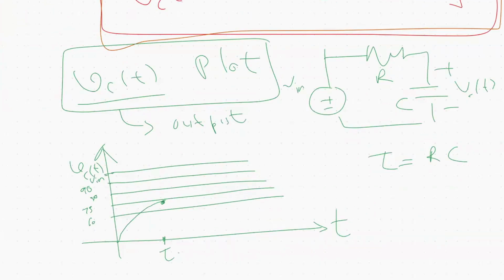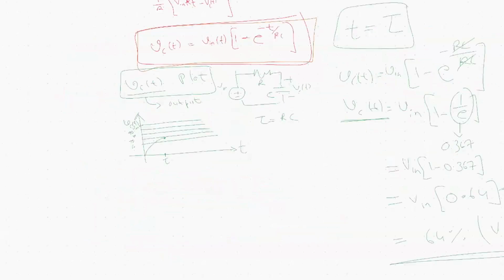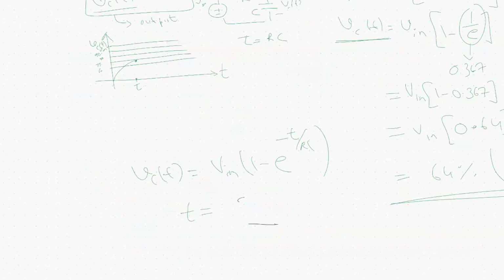And now let's look at VC of t. Vn of t, 1 minus e to the power... So let's go with the t value as 3 tau. What do you think this answer is going to be? Minus 3 RC by RC.